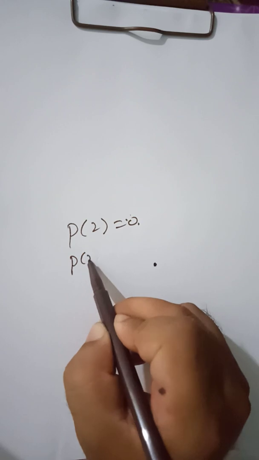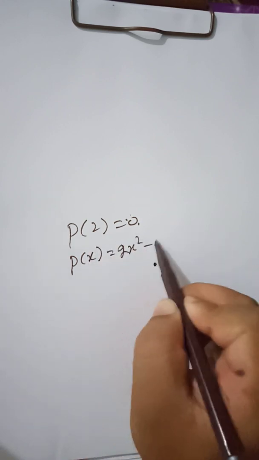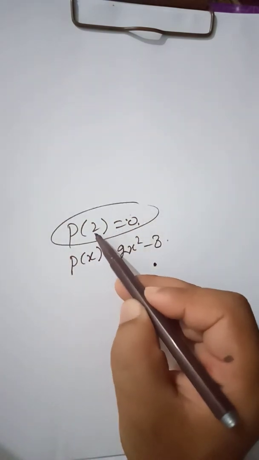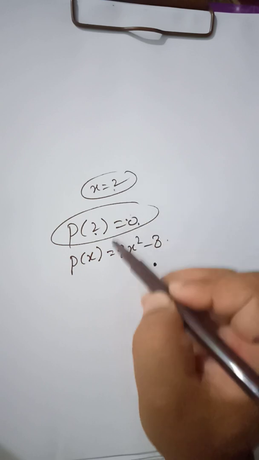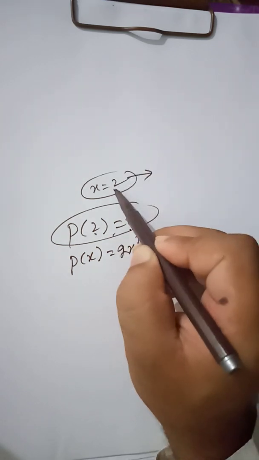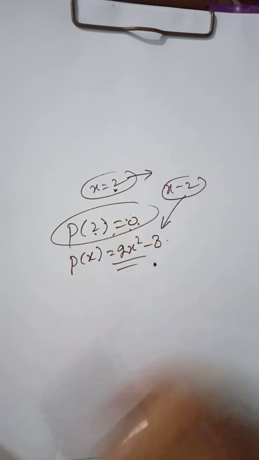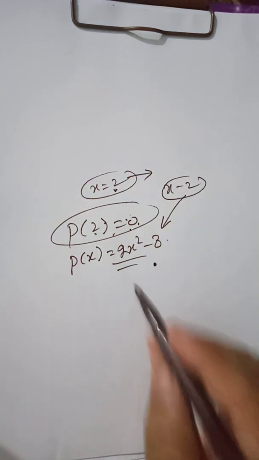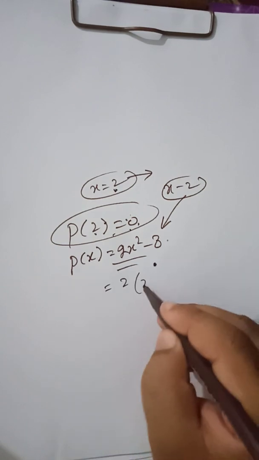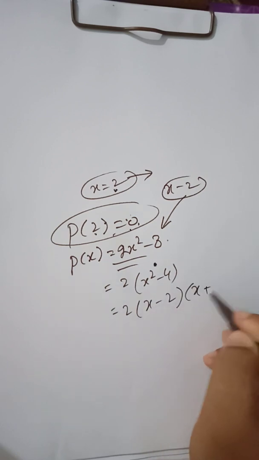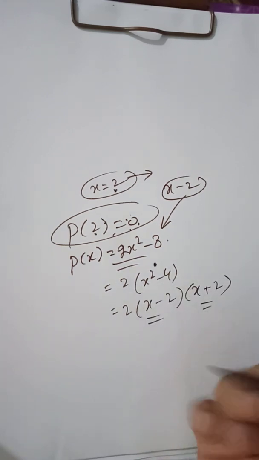So if it is given that p of 2 equal to 0 and the polynomial is 2 times x square minus 8, it directly means that at x equal to 2 the given polynomial is 0, so this is a zero of the polynomial. So x minus that value must be a factor of this polynomial. You clearly see that when I take 2 common, it will be x square minus 4, and this can be x minus 2 and x plus 2. So x minus 2 is a factor, and x plus 2 is also a factor.